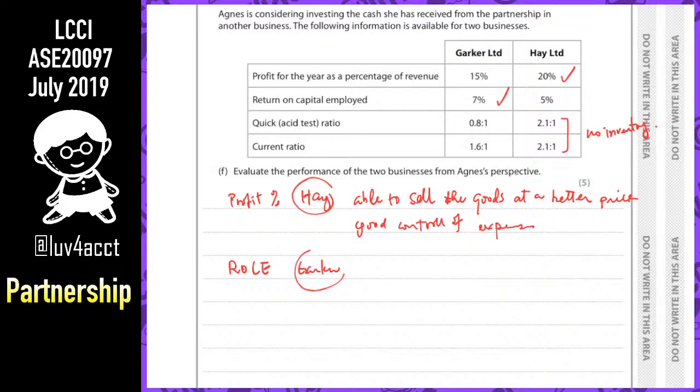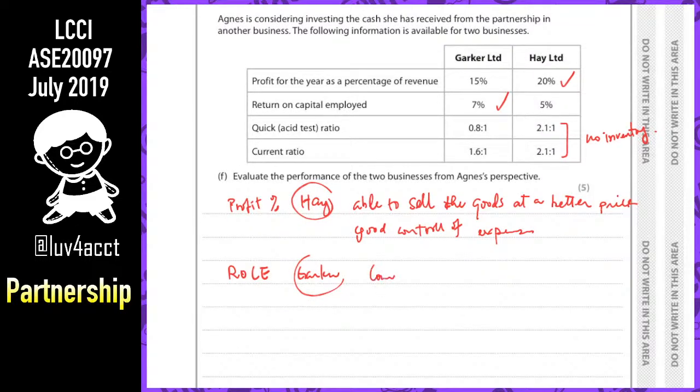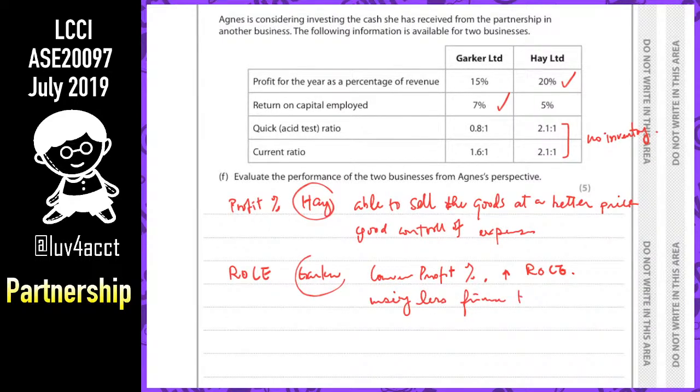You can say although we have a lower profit percentage, we still have a higher ROCE, meaning that we are using less finance to generate good returns.